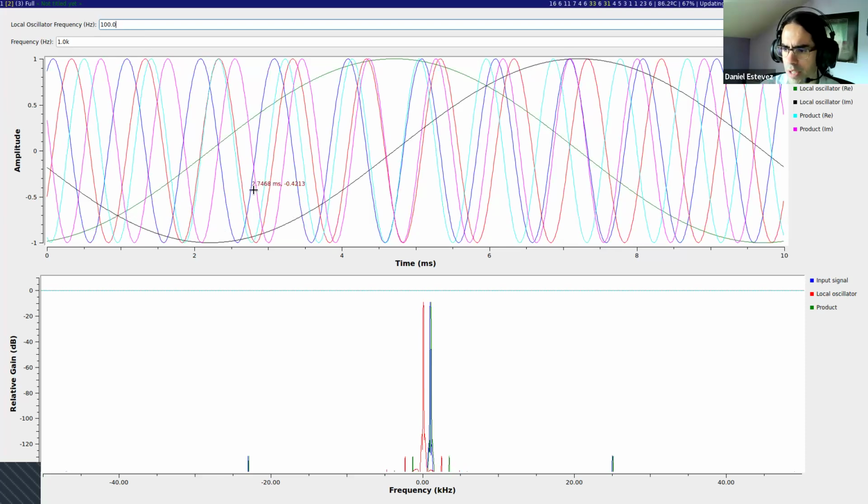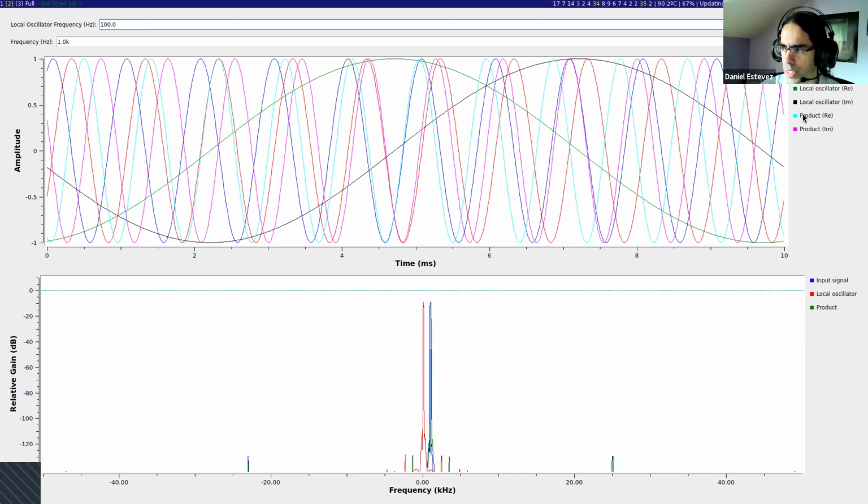When I do this, maybe I have many different things, so let me go step by step. On the local oscillator, which is the green and black, I have this 100 hertz, and you can see I, which is the green, leads Q because it's positive.